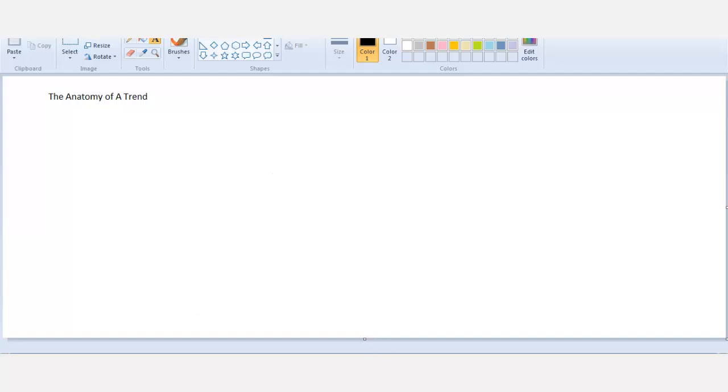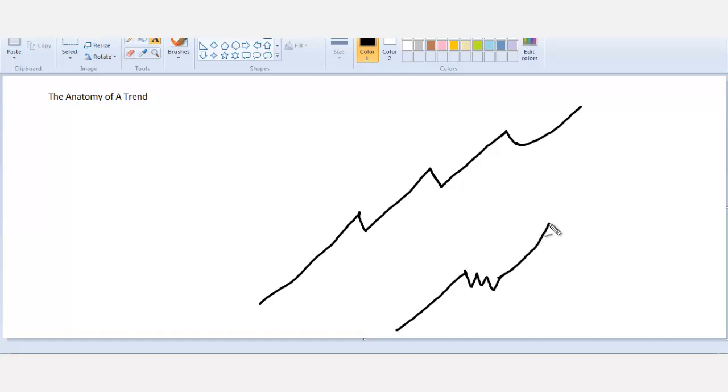However, for a more sustainable trend, what we usually see is, I would say, these kinds of moves. A shallow pullback followed by an impulse move, a shallow pullback followed by an impulse move, or we have another type of trend, which would be an impulse move, consolidating, followed by another impulse move, consolidate, followed by another impulse move.